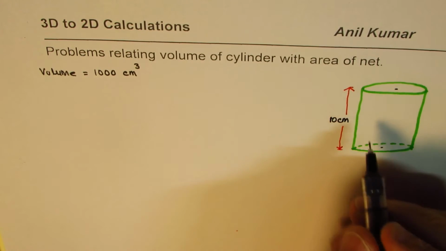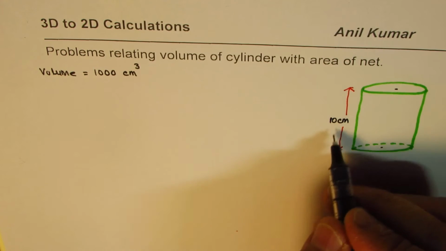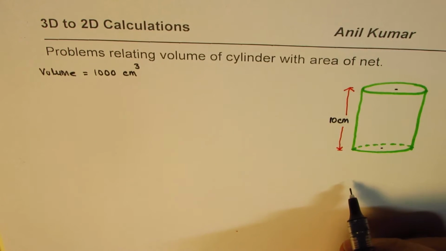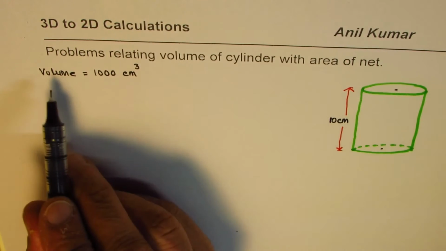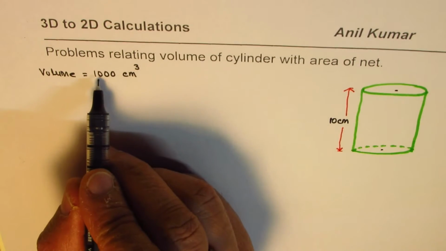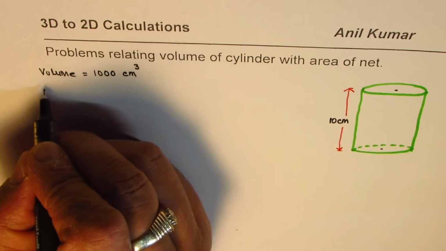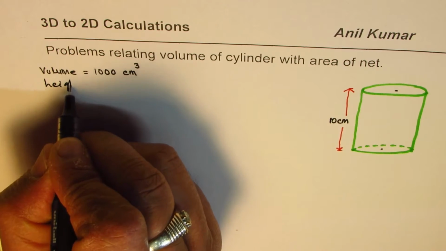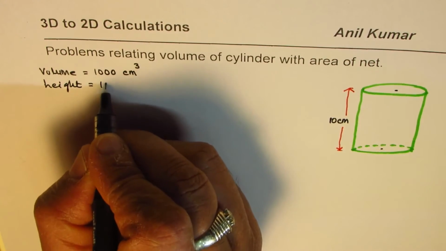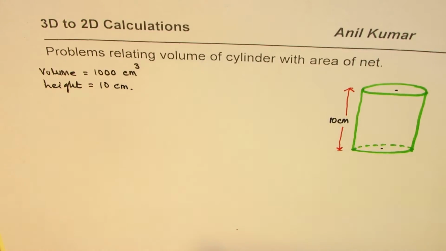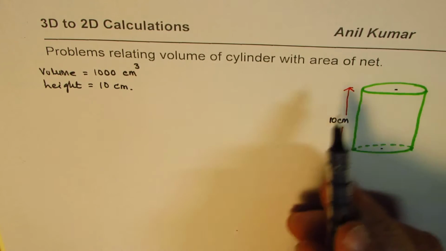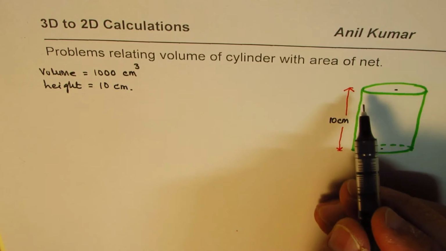So we have a cylinder with the height of 10 centimeters, whose volume is 1000 centimeter cube. We are saying height equals 10 centimeter.